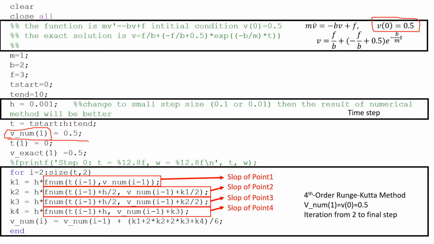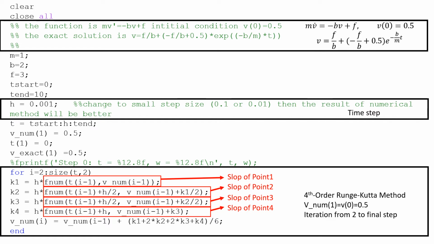I put 1 because the starting index in MATLAB is 1, not 0. You need to be careful. And t1, the time, equals 0. For the exact solution, the initial value is also 0.5. I call it v exact, the analytical solution.